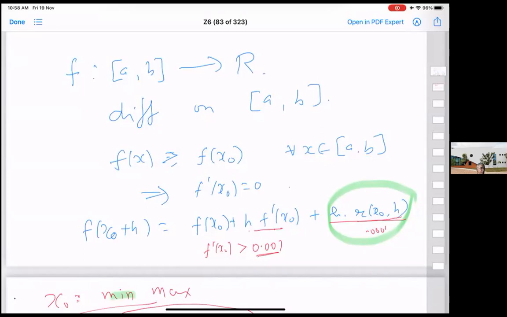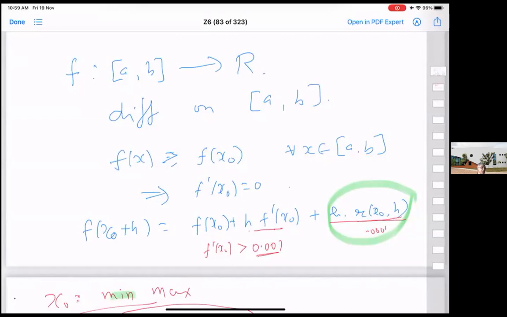So therefore, we tried to argue via the Taylor's theorem that if you have a maximum at a point or a minimum at a point, f dash x0 should be 0. And in that, the focus was that h times r x0 h will always be in magnitude smaller than h times f dash x0 if f dash x0 is not 0.